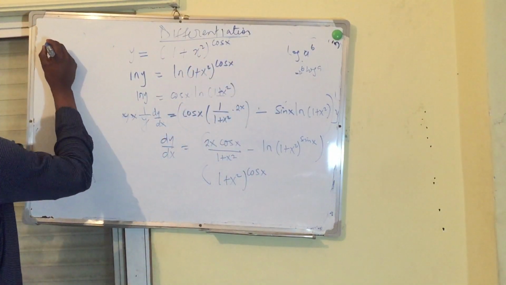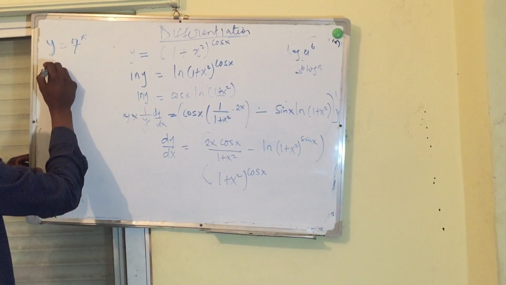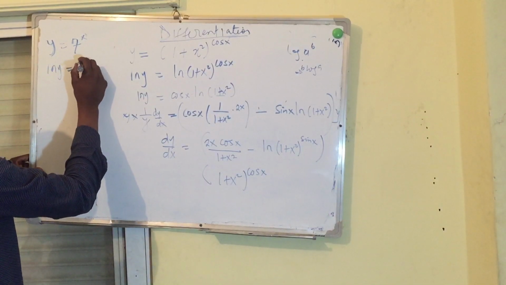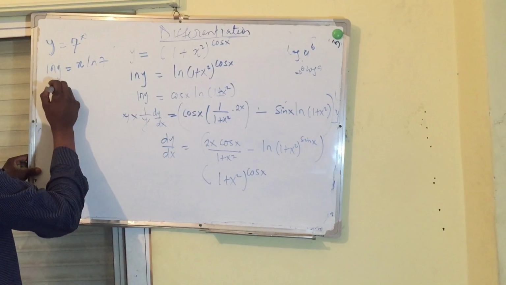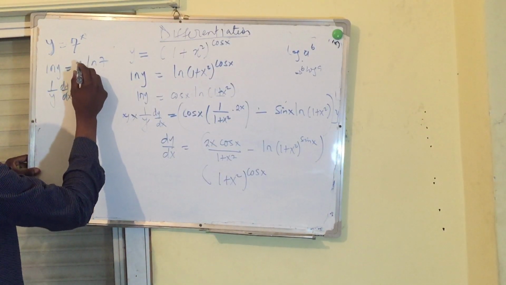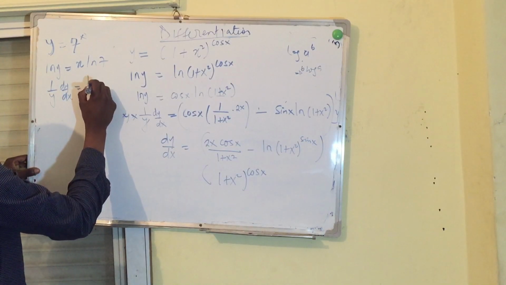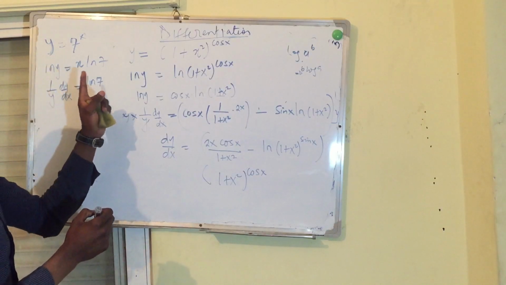For example, if you have y equals 7 to the power of x, to find its derivative you have to take ln of both sides, which gives ln y equals x ln 7. Then we differentiate implicitly: 1 over y dy/dx equals ln 7, because the derivative of x is 1, times ln 7.